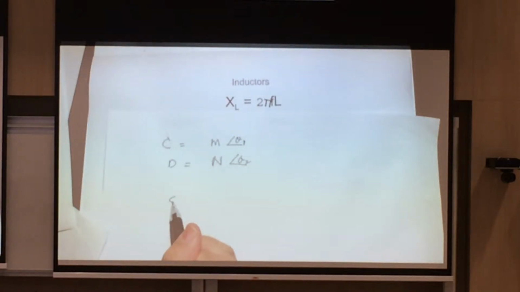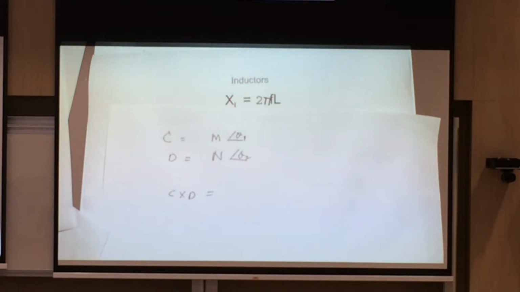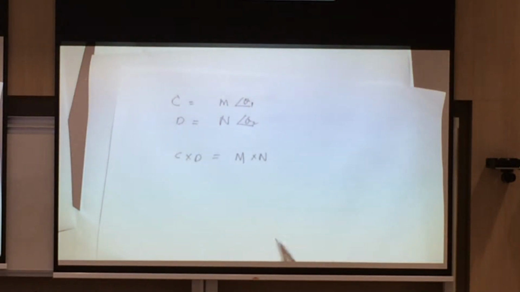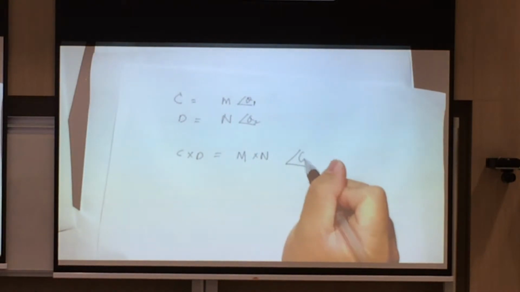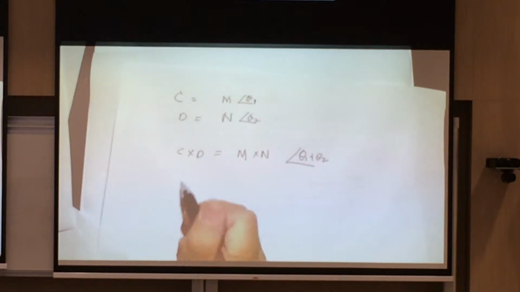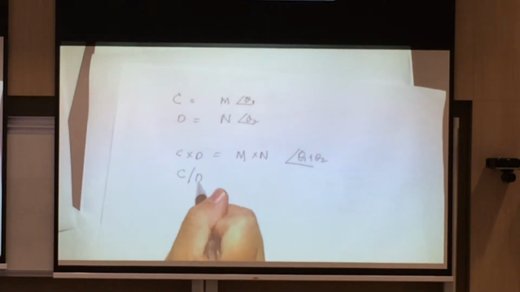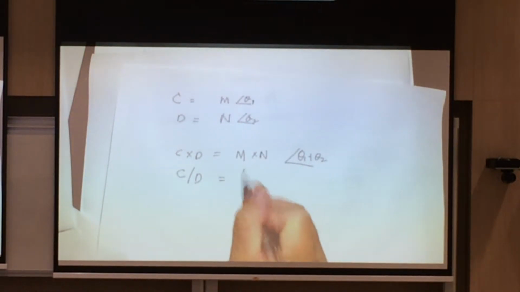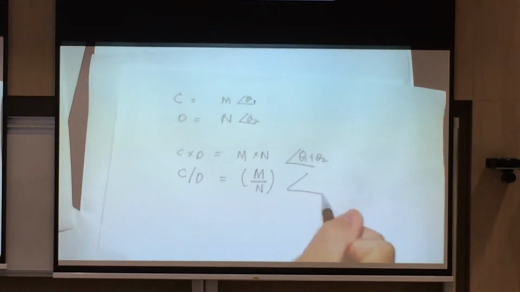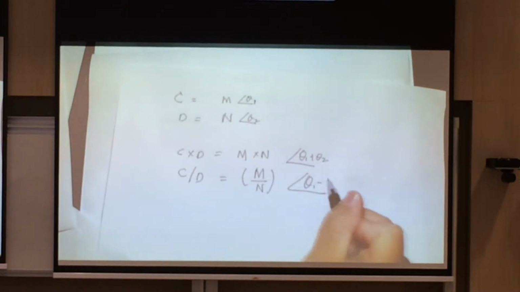C times D by computations will be equal to N times M, and then angle theta 1 plus theta 2. That is for multiplication. For C divided by D, what happens? It will be equal to N divided by M, and the angle theta 1 minus theta 2.